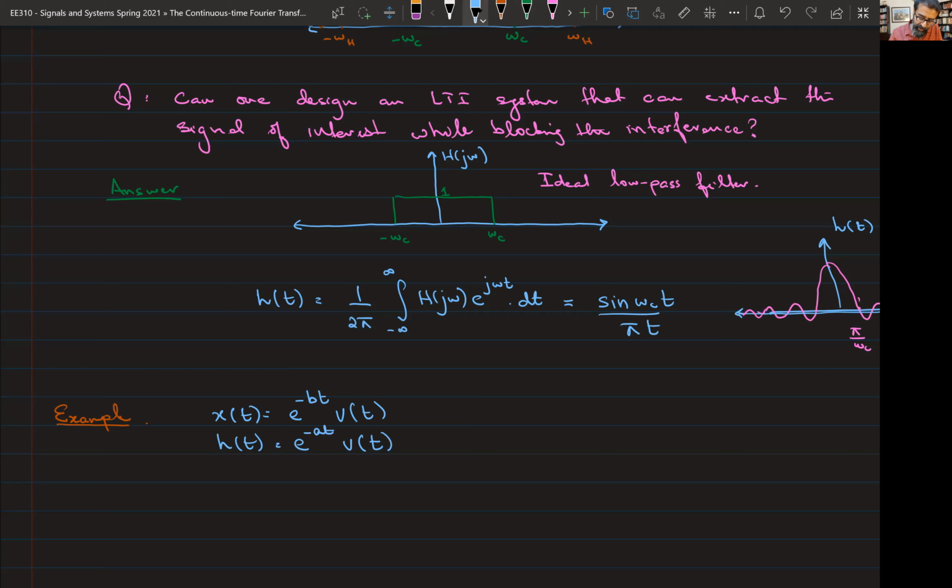And I ask you to compute, so what's going on really is x of t is an input to an LTI system, which has an impulse response h of t, and the output is y of t, right? And you need to determine what y of t is. So essentially you need to compute this convolution, right?